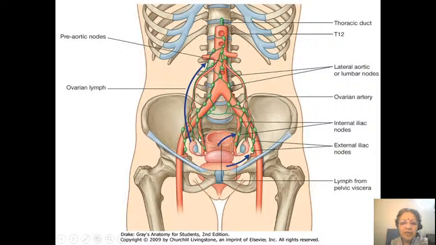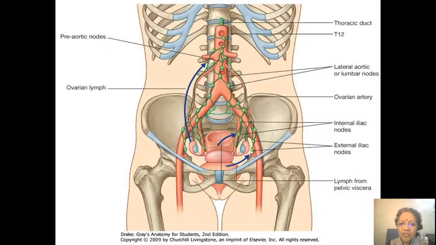Actually, it sticks with the para-aortic system, which are on the lateral aspects of the aorta and near the origins of the vessels, renal, gonadal, ovarian in this case, right? But a little bit of it can go out underneath the inguinal ligament and come to lie in the inguinal region.